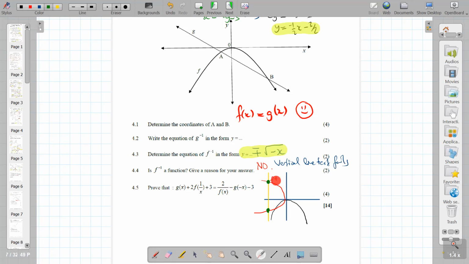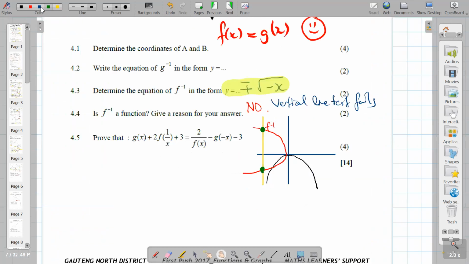And that's why f inverse doesn't become a function. And that's why we choose one of the options, plus or minus. Otherwise, with plus and minus together, it is just not a function, not satisfying the condition. So the upper part is root negative x, and the lower part is negative root negative x.